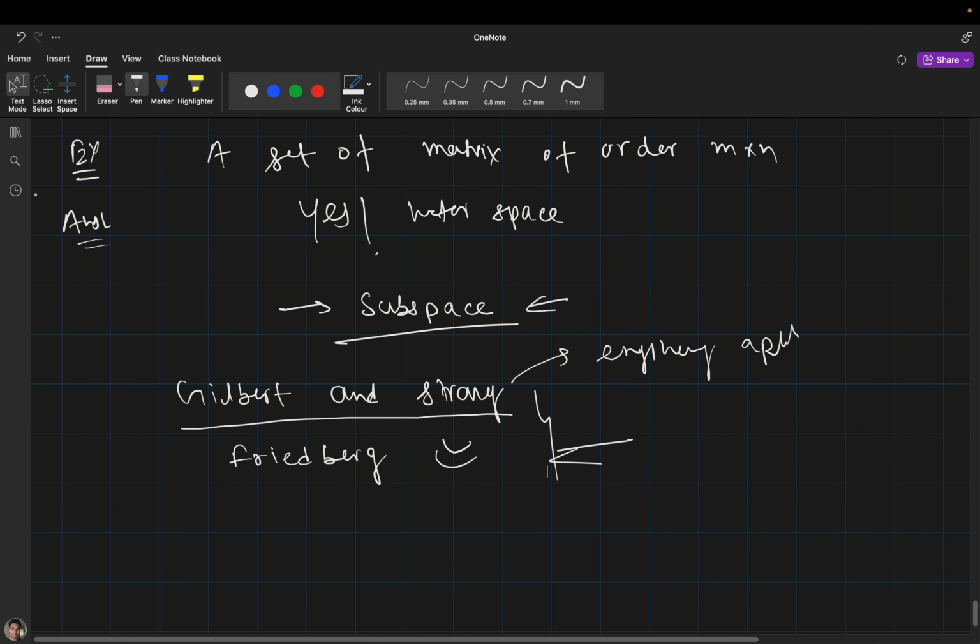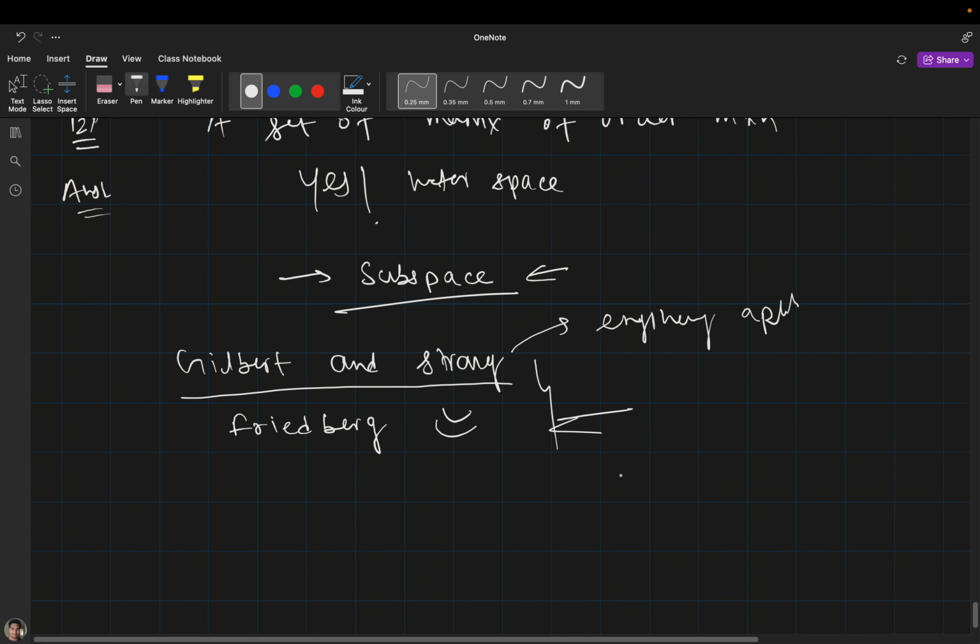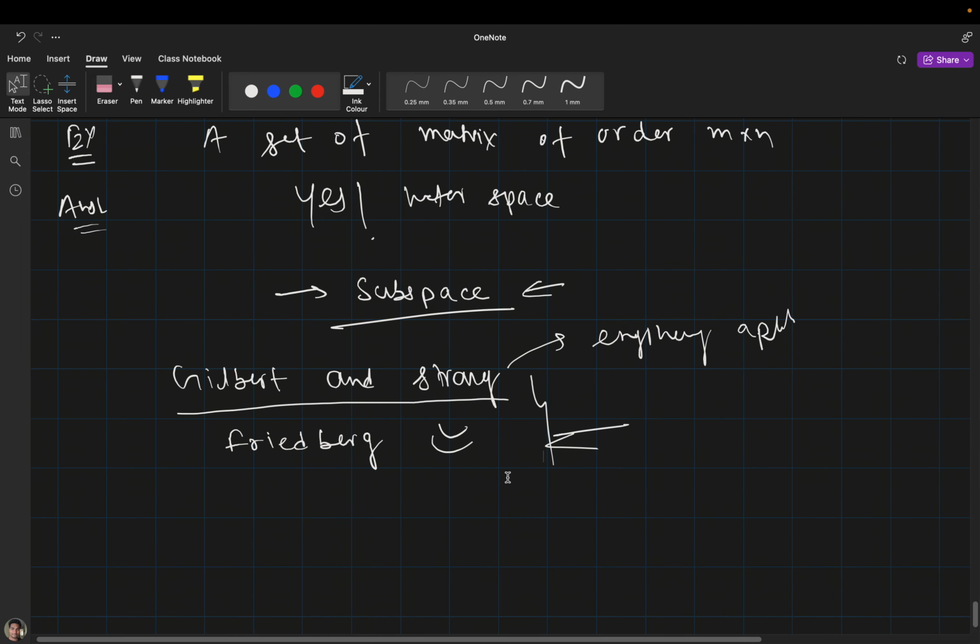Okay, so let's talk about the subspace. Are tensors included in this? Tensor is a very general thing. Every linear algebra concept is inside the tensor. A tensor always follows the linear transformation rule.